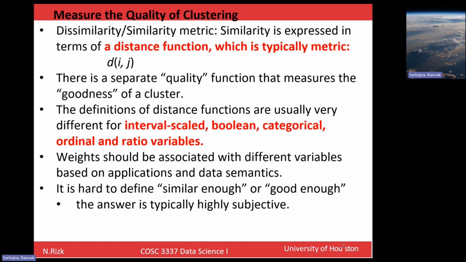I mean, you could have language metrics between them, but obviously that's not how distance works. For ordinal, ratio and interval scale variables, again, for different types of variables, you need different types of distance functions. You also have to assign weights to different attributes or variables based on both the data semantics and your expert or domain knowledge.